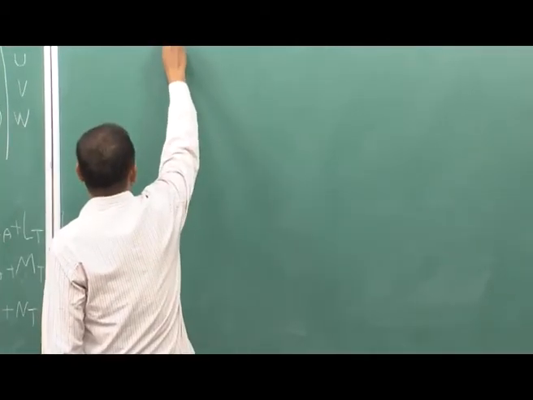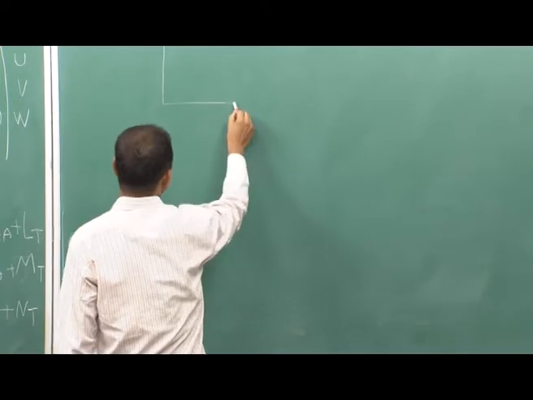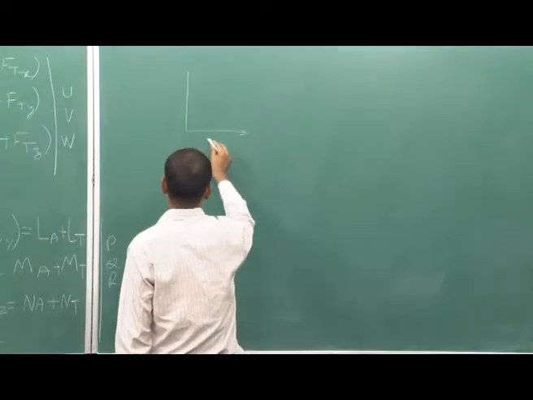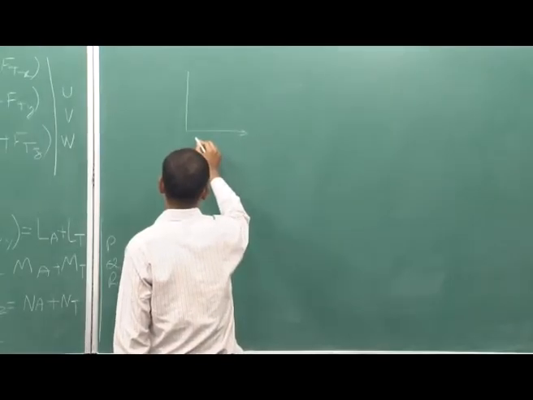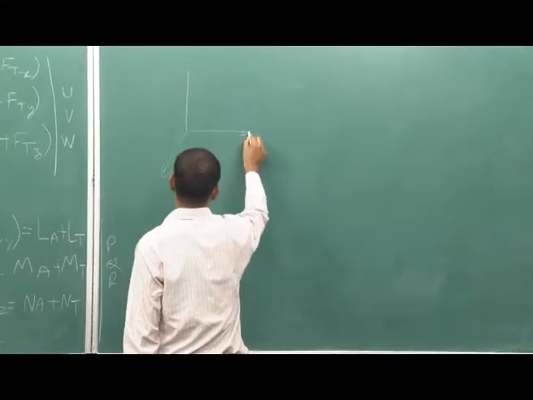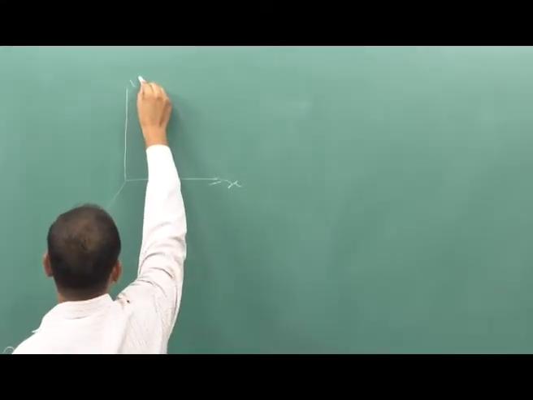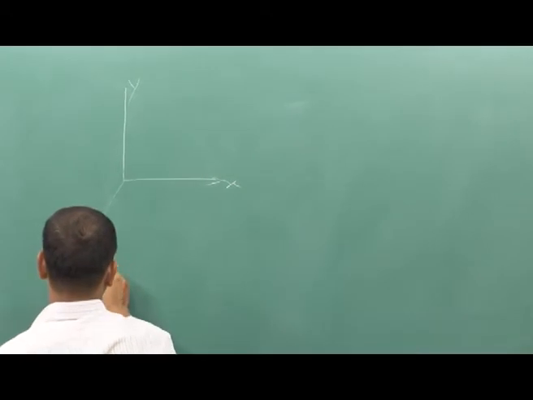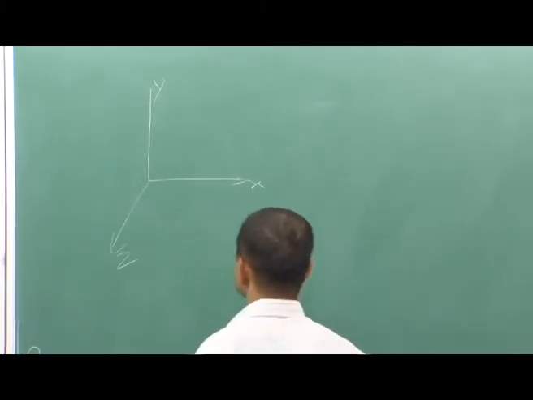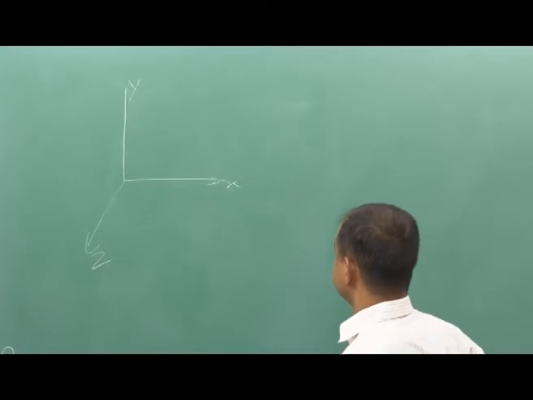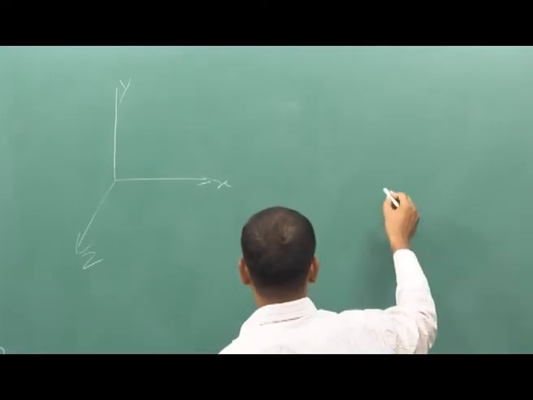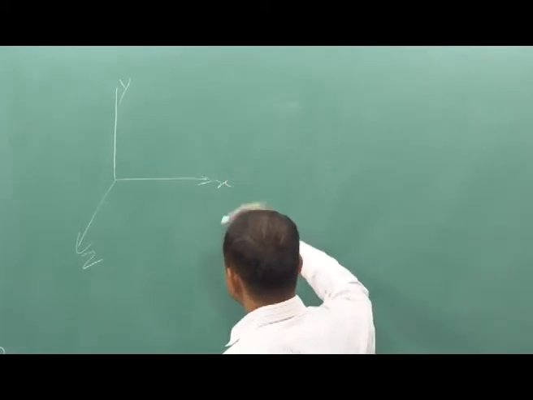Suppose this is our inertial frame. These are the 3 axes x, y and z, in the inertial frame.